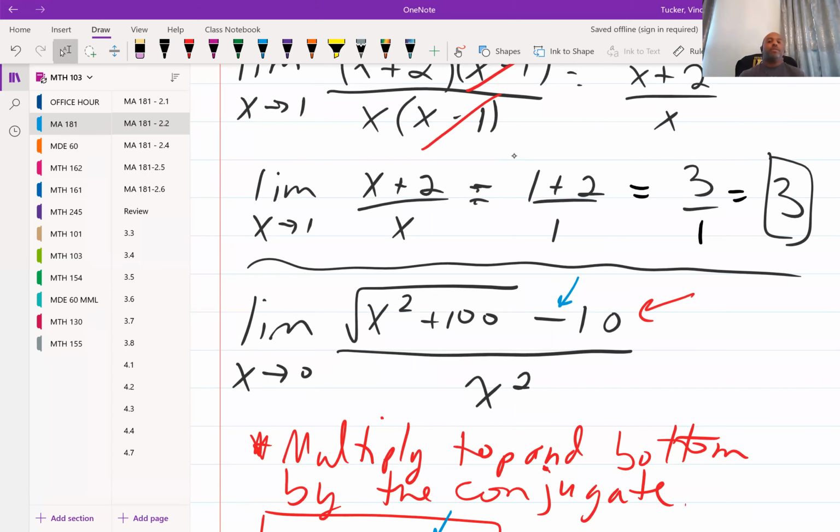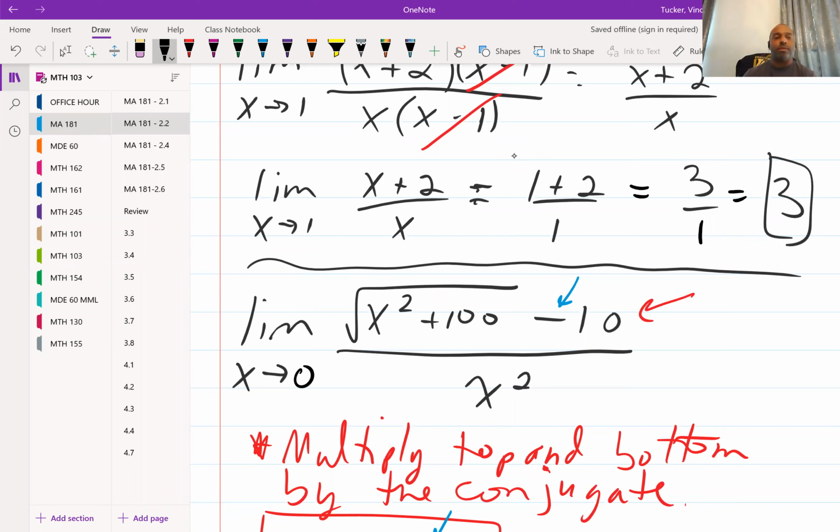Here we have the limit as x goes to 0 of the square root of x squared plus 100 minus 10, over x squared. Notice the minus 10 is on the outside of the square root. Once again, if I put in what x is approaching, which is 0, that will create 0 in our denominator.